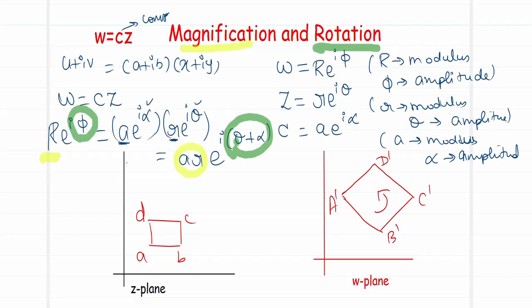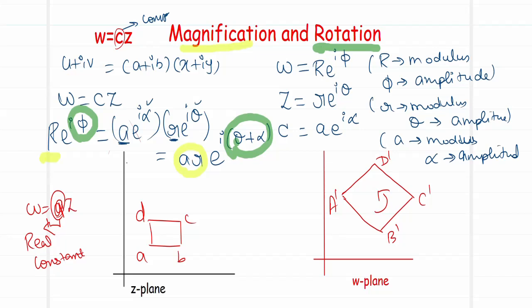In contrast, if instead of C being a complex number, I have W is equal to AZ, where this A is a real constant, then what do you think will the effect be?